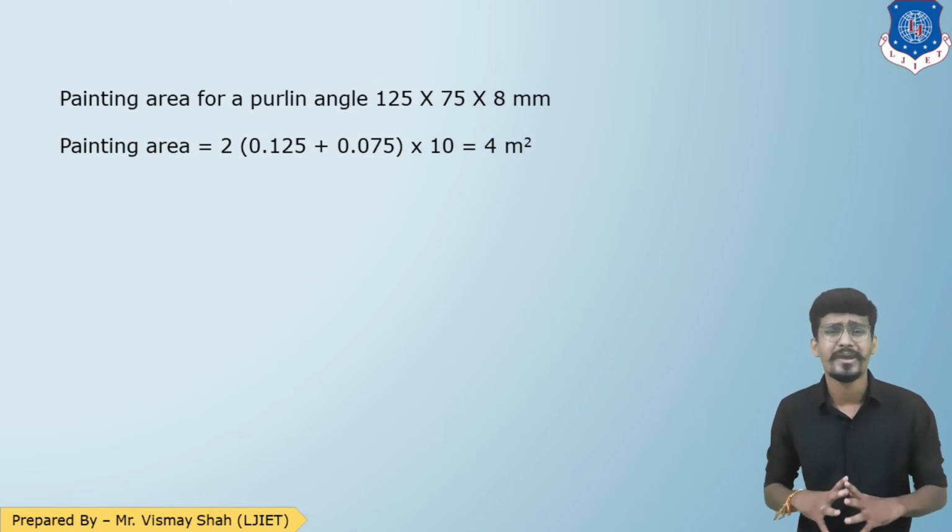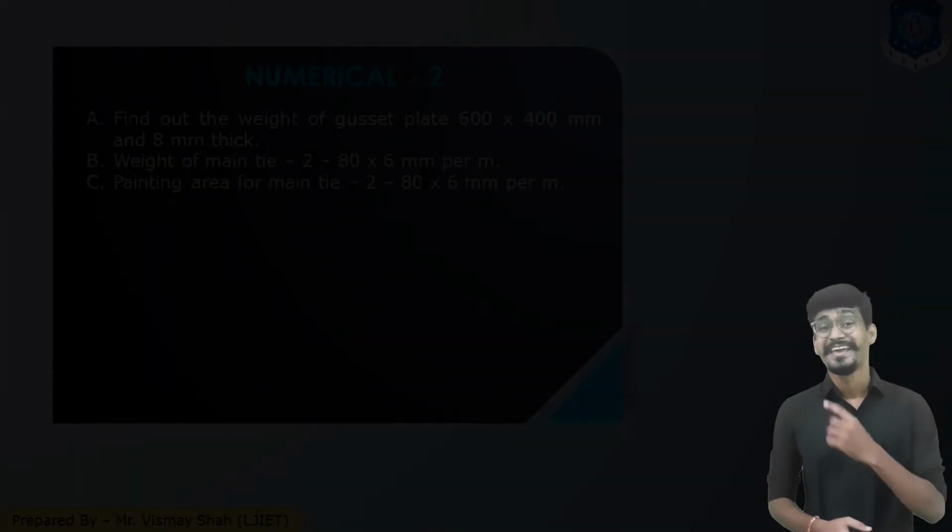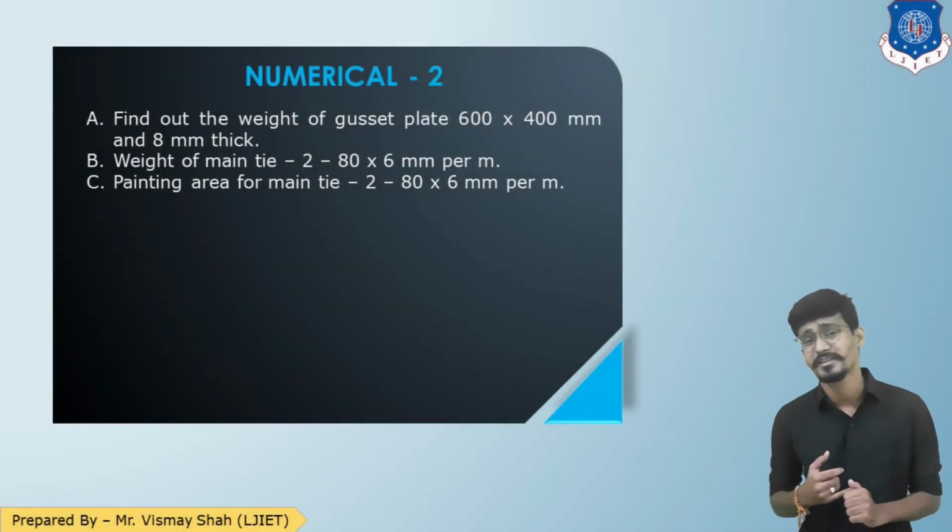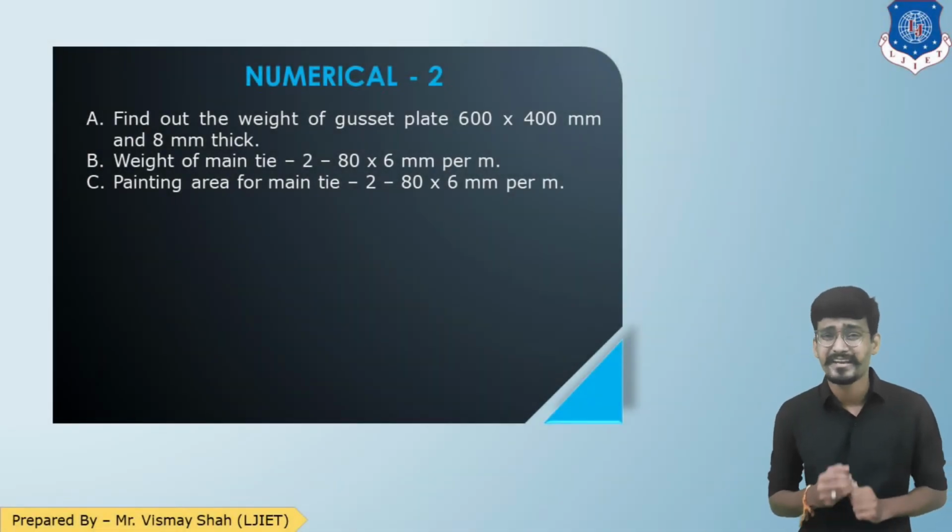So I hope we are clear about how we can calculate certain quantities in steel structures or components of steel structure. Moving forward, here is another numerical based on steel structure components. We need to find out the weight of gusset plate, that is 600 mm cross 400 mm having thickness of 8 mm.